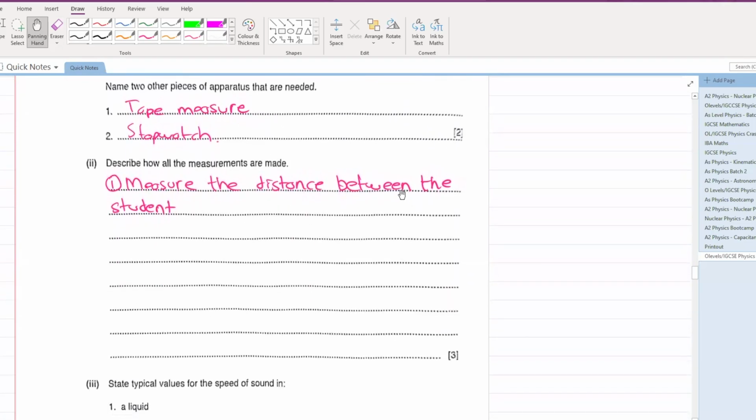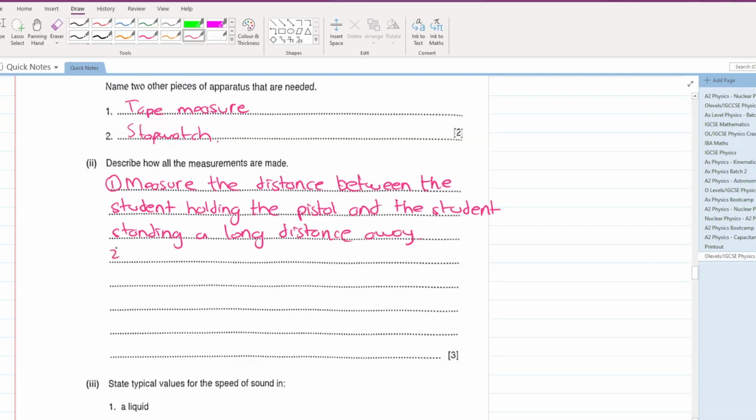So measure the distance between the student holding the pistol and the student standing a long distance away.